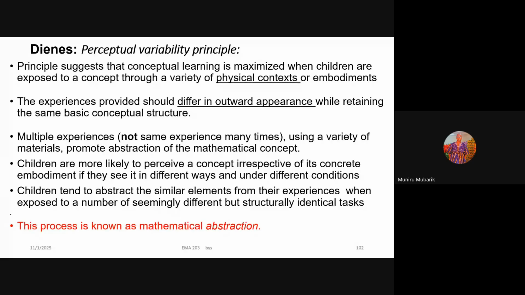Okay, so if I am also explaining the same concept in different ways, can I classify that under the perceptual variability principle? So give us an example. I don't understand the way you have said it. Say I am to explain integers, and I say integers refers to both positive and negative numbers.